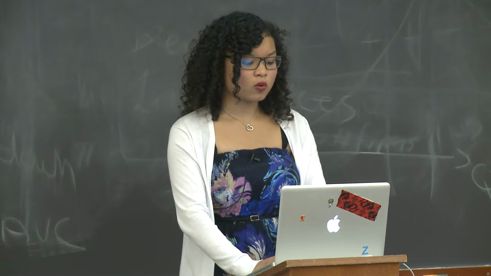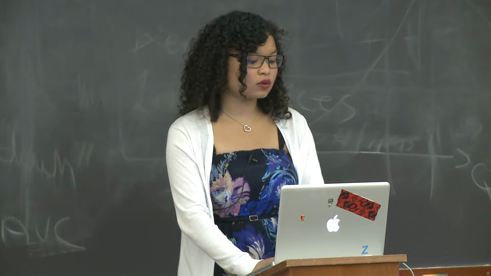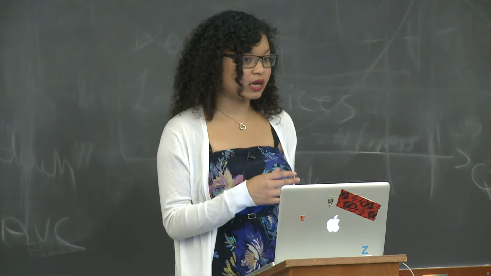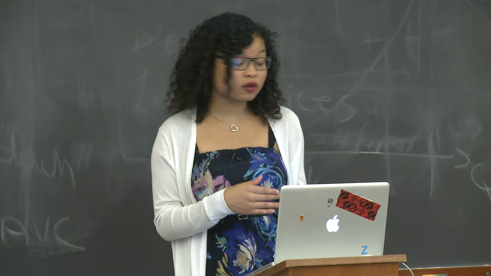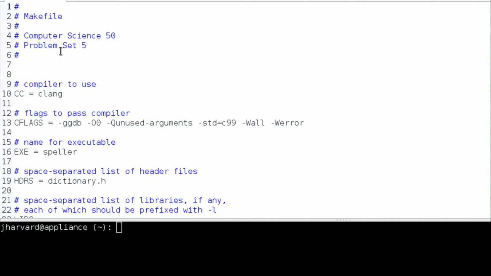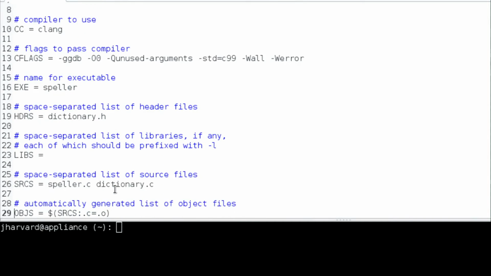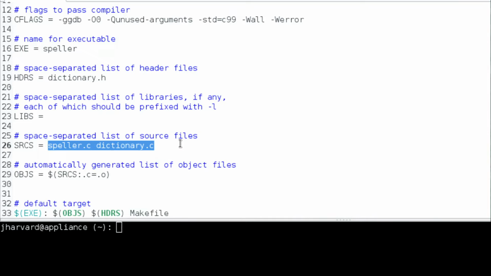And so what this makefile does is basically, before we would just type make and then the program name, and then we would see all of these arguments and flags passed into the compiler. Well, basically what the makefile does is allows us to compile several files at once and pass in the flags that we want. And so here we just see that there's a header file here. Then we actually have two source files. We have speller.c and dictionary.c.